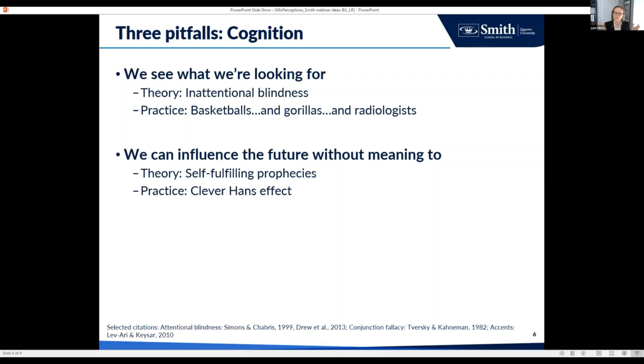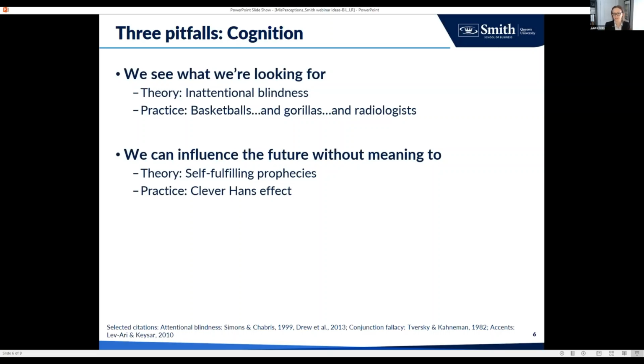The way this is explained is that when you know the answer, what Hans was clever at was detecting small, subtle cues, the tensing of muscles and releasing them as he got closer to the answer. And he could tell when to stop tapping his hoof based on the very subtle, completely unintentional physical reactions of the question asker.